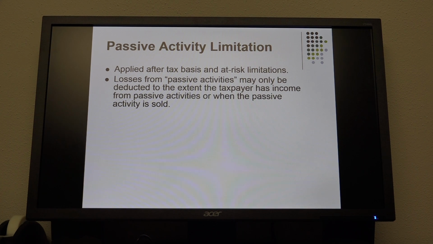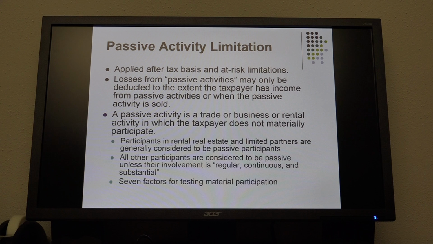And the point here is that any losses from passive activities may only be deducted to the extent that the taxpayer has income from passive activities or when the passive activity is sold. And so a passive activity is a trade or business or a rental activity in which the taxpayer does not materially participate.